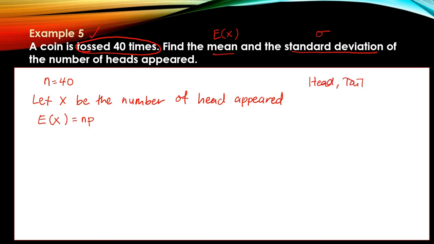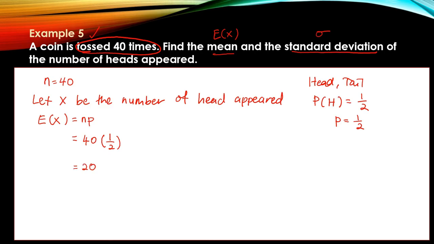Therefore, the probability of getting head will be equal to 1/2, which means that our p is equal to 1/2. Therefore, the mean can be calculated as 40 times 1/2, and it will be 20.